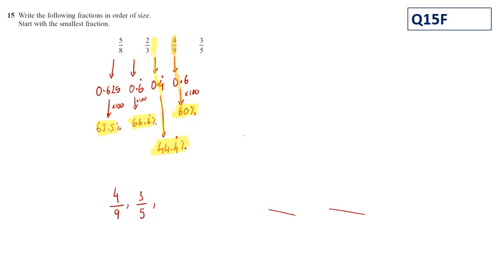I can see that 62.5 is the next smallest percentage here, so writing that next, that would be 5/8, and lastly the final percentage is 2/3, and that's the largest, so I can write down 2/3 as my last fraction, and that's the answer.